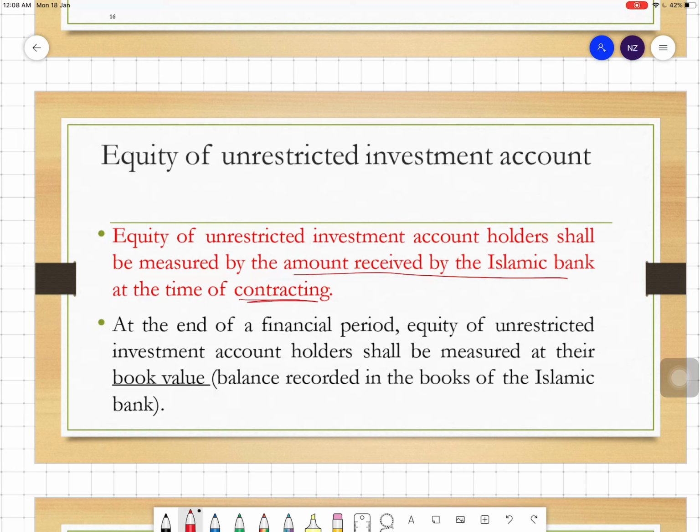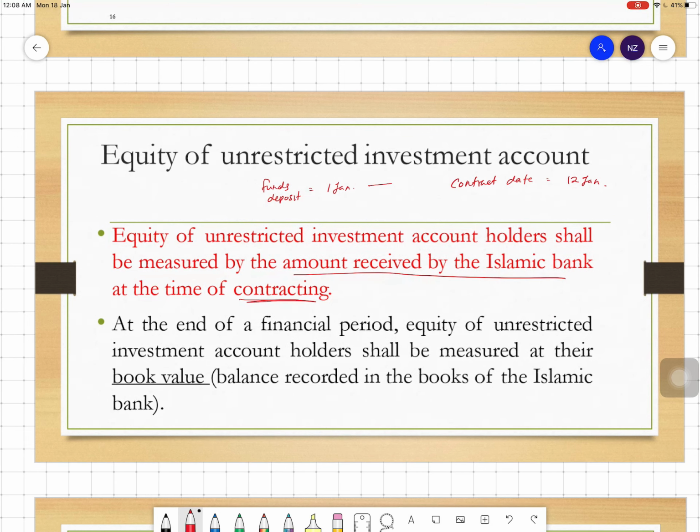And it will also record the amount at the time of contracting. Let's say the contract date is 12 January, but the funds were deposited on 1st January.